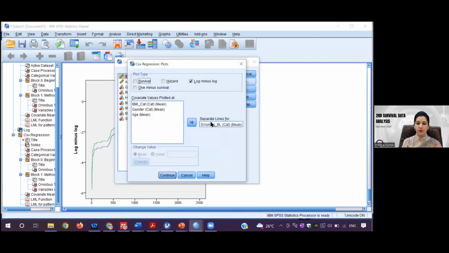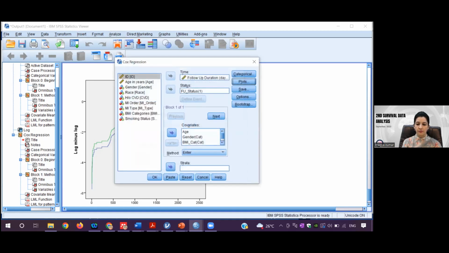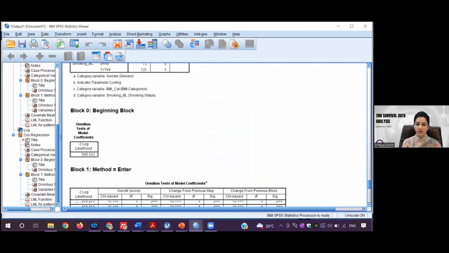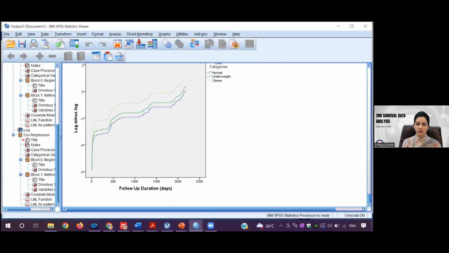I'm just writing. Again, I can try for the other variable. So I'll go to plot, move this back, and have this. I'll press continue and press OK. Then you can see here, what is your opinion regarding this BMI category? This is also met.